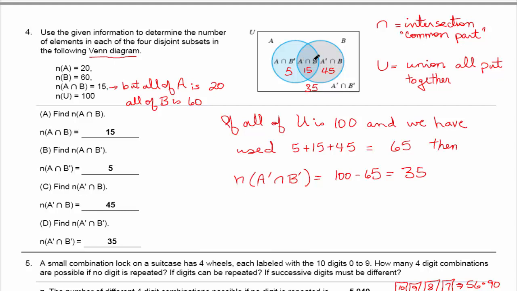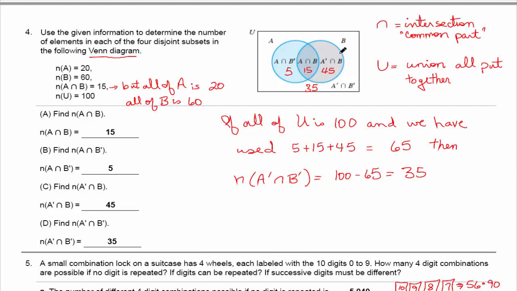And then they've labeled for us the part that's outside of the intersection. So all of this is A. The common part is the intersection, and this is A intersect B complement.